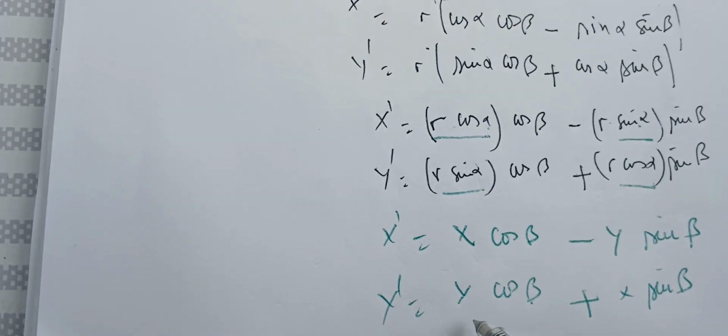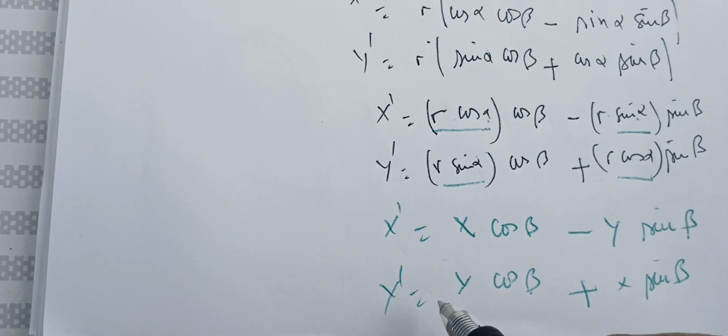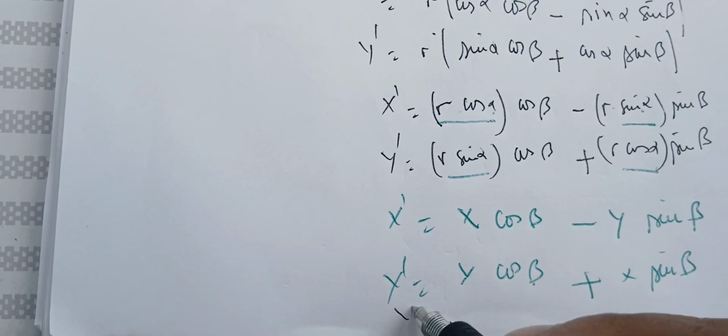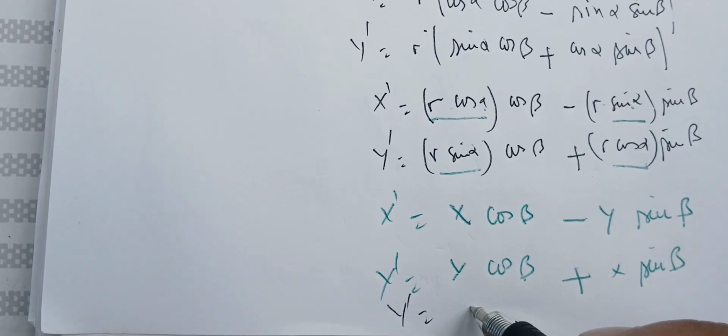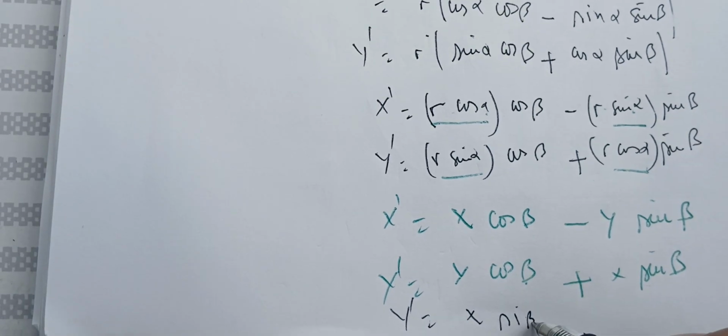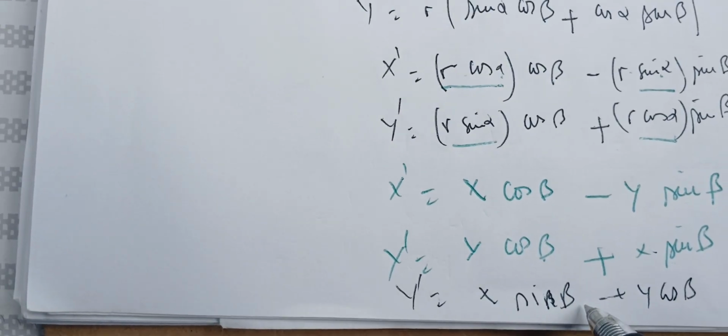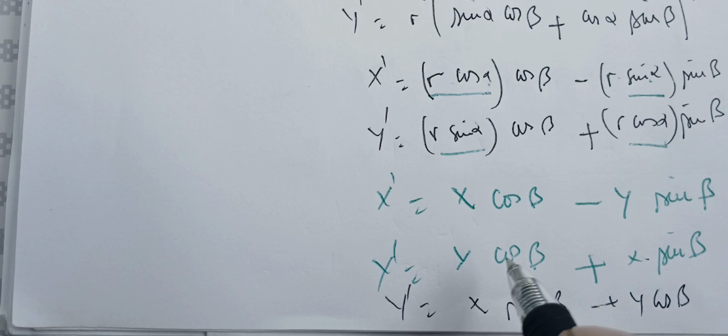To show you why we need this, for y prime, if we just move the x here, it's gonna be x sine of beta plus y cosine of beta. I didn't change anything, I just moved this one here to make it clear when we are writing the matrix.